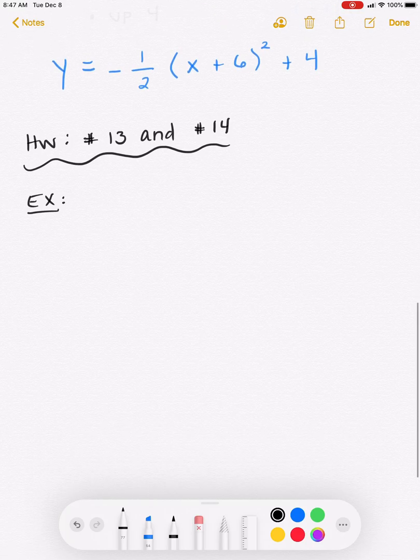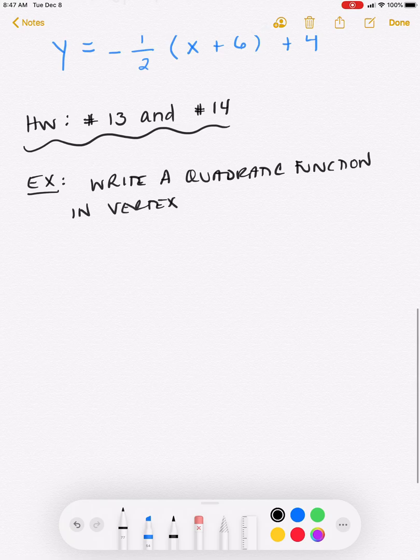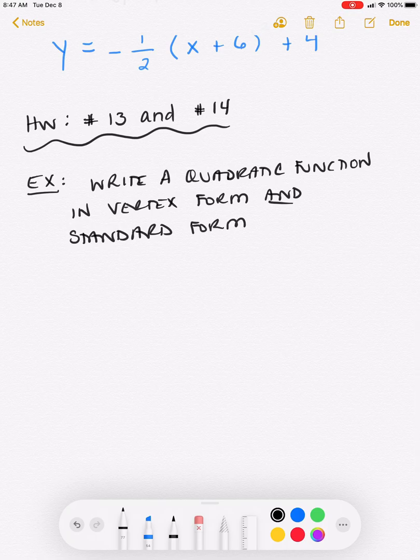What you're going to do is write a quadratic function in vertex form and standard form. Number 13 tells you to write it in vertex form, and number 14 tells you to write it in standard form. So we're going to do both at the same time, right here.